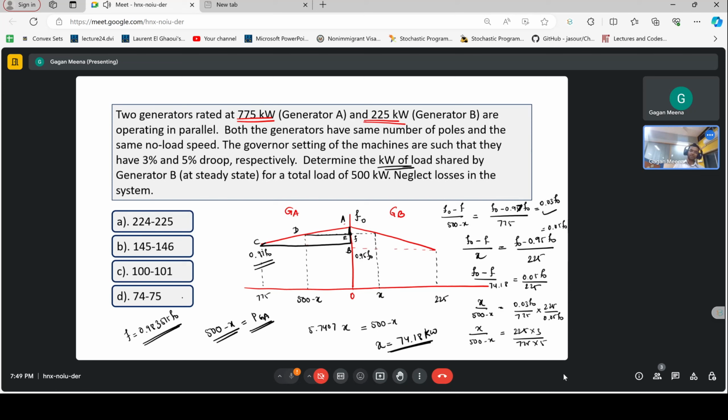So F naught minus F divided by F naught is equal to, the answer, 105 multiplied by 75 divided by 225, so it will be 1.64%.